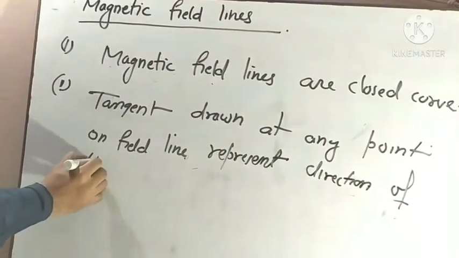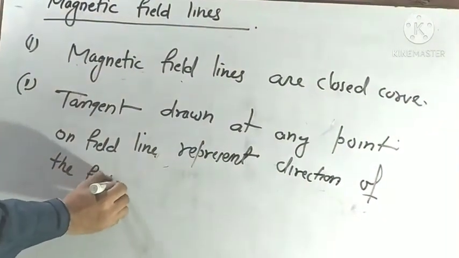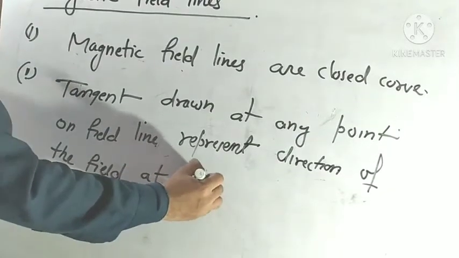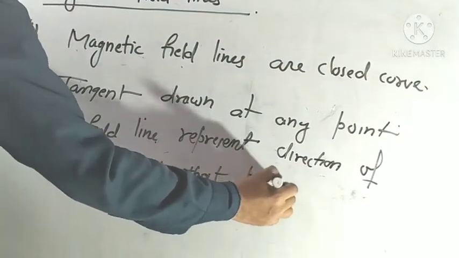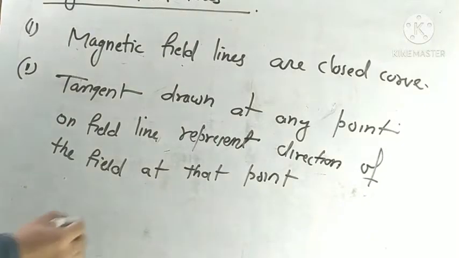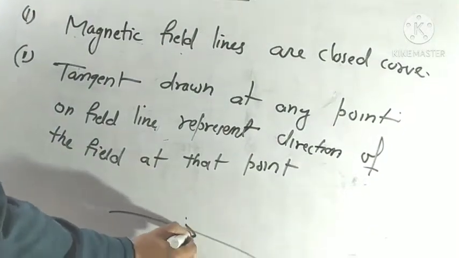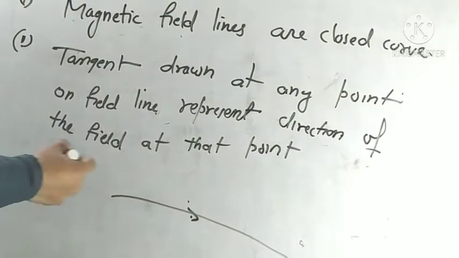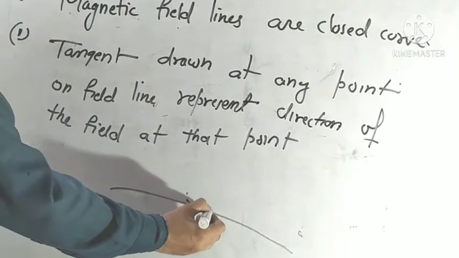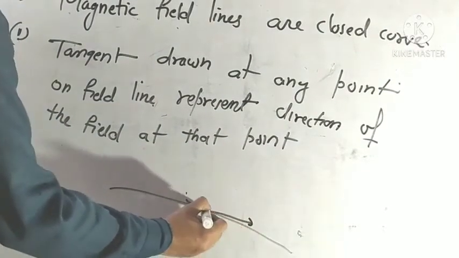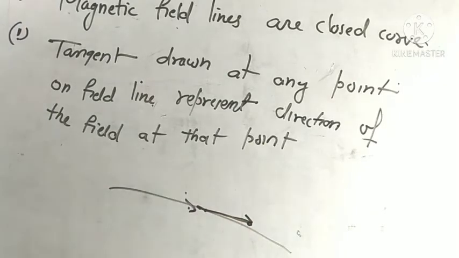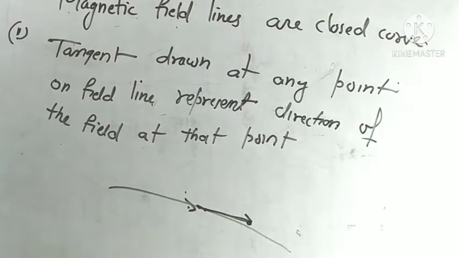If there is a magnetic line, we draw a tangent here, and this tangent shows the direction of the magnetic field.